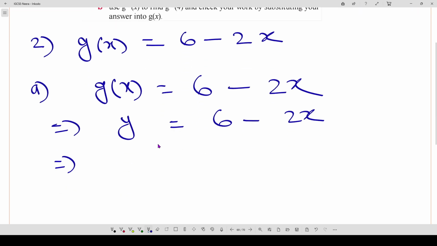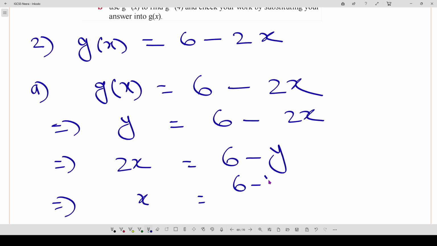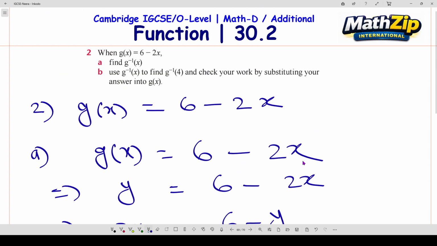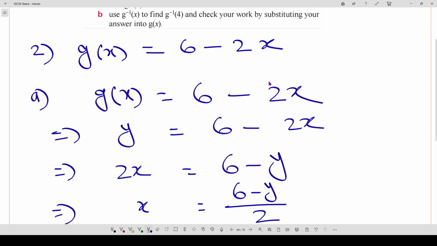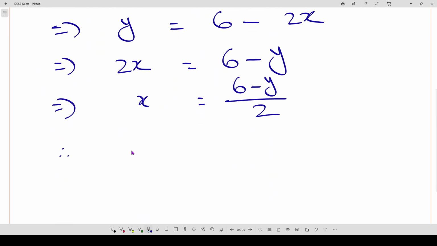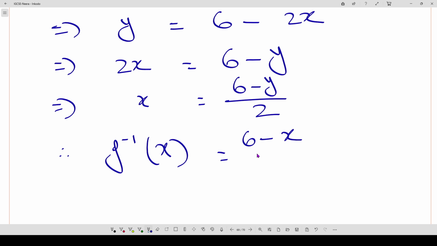Now we can write 2x equals 6 minus y, just exchanging, and x equals 6 minus y divided by 2. So inverse g of x equals, writing x in place of y, 6 minus x by 2. This is our answer to question A.